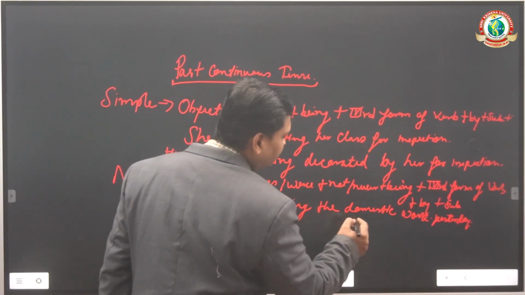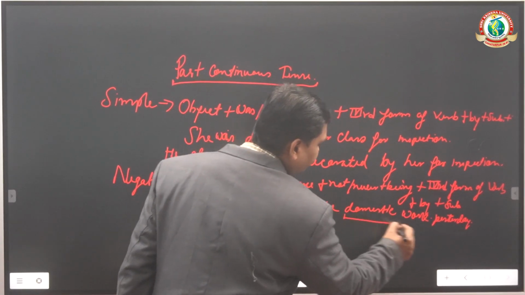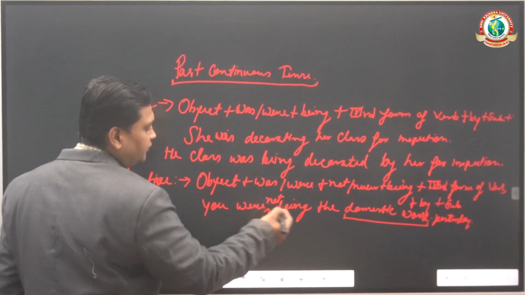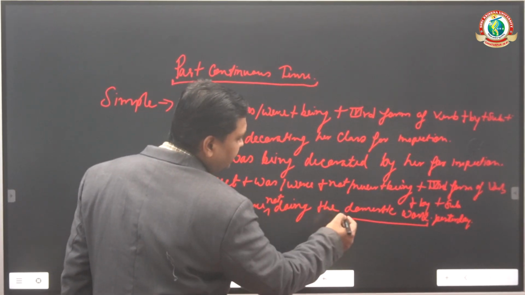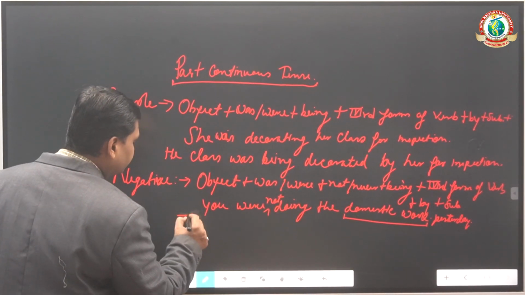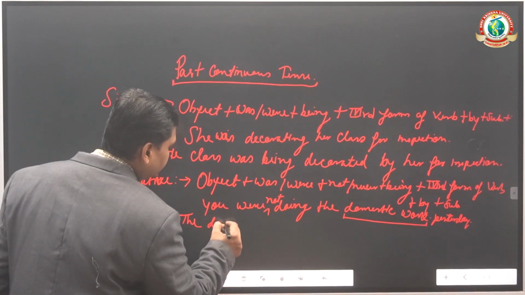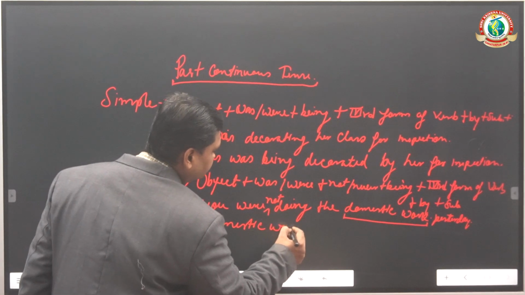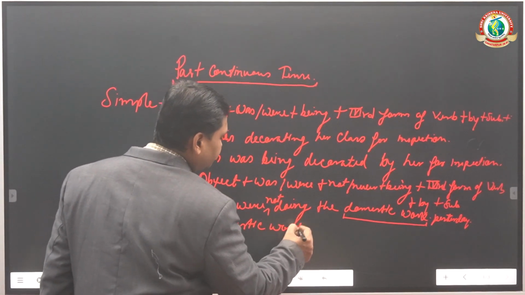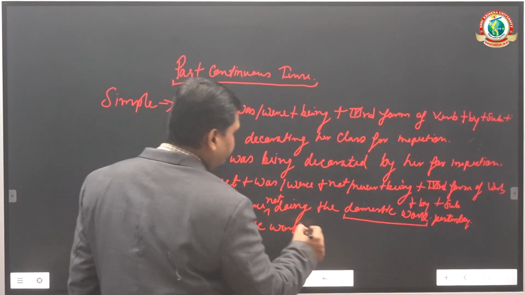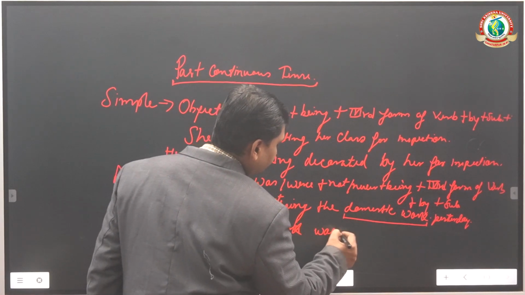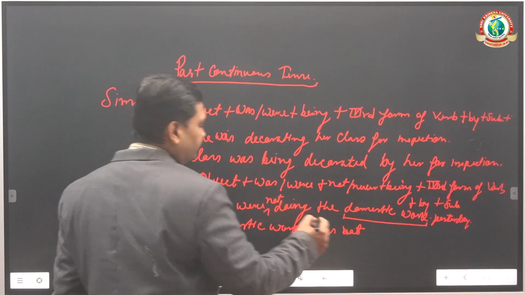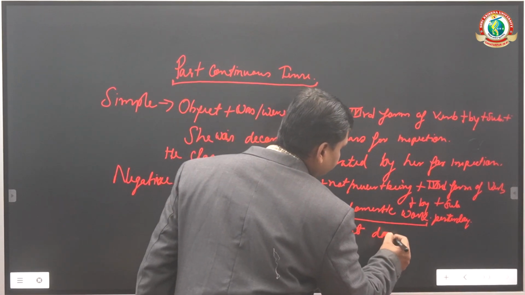So the passive object is domestic work. First of all, that will be put over here: the domestic work was not, do, did, done, was not done.